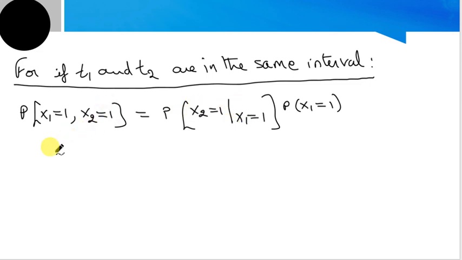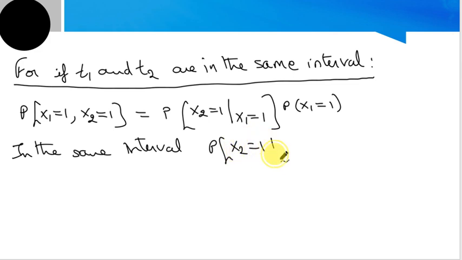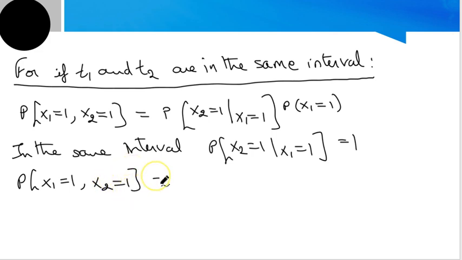So in the same interval, what happens? Probability of x2 equal to 1 given x1 equal to 1, this probability is 1. Therefore, probability of x1 equal to 1, comma x2 equal to 1 will be 1 into half, because probability of x1 equal to 1 is half. So 1 into half, value equal to half.